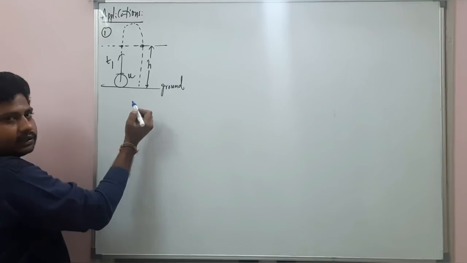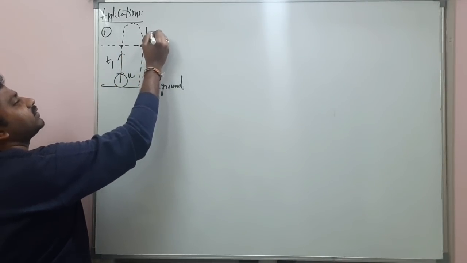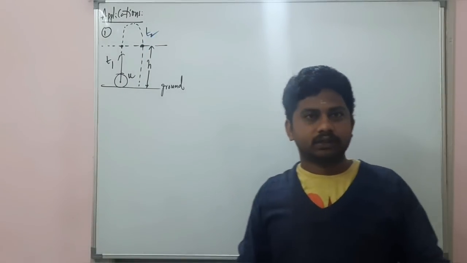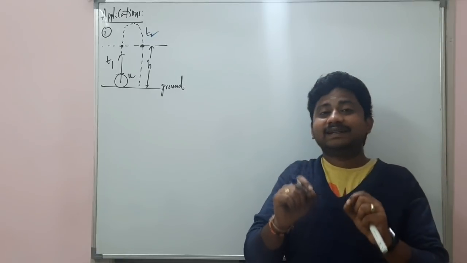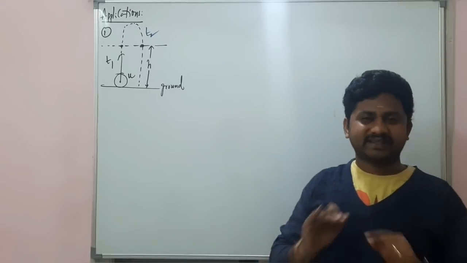At the same height, in the downward journey, the time taken from the start is t2, my dear students. At some particular height, two instant times are given: one is t1, another one is t2.